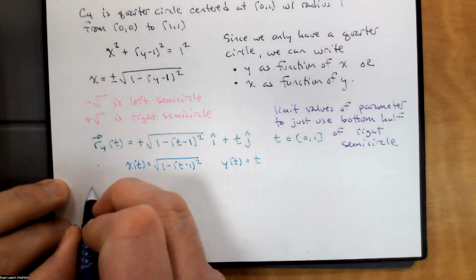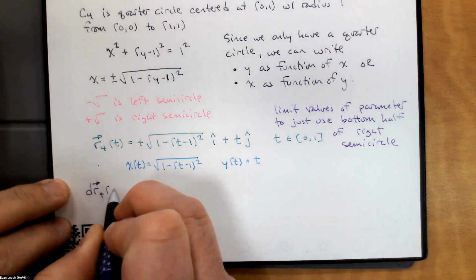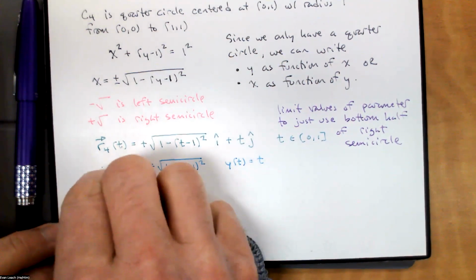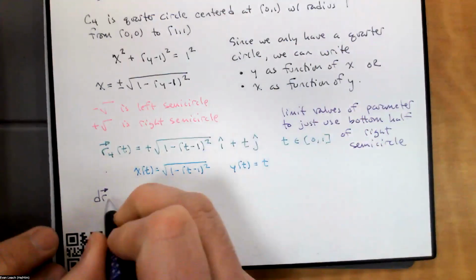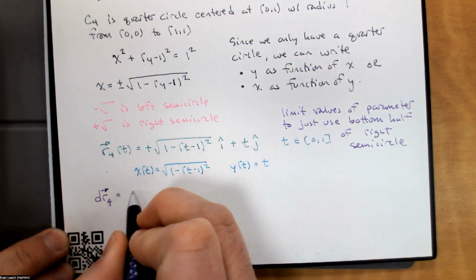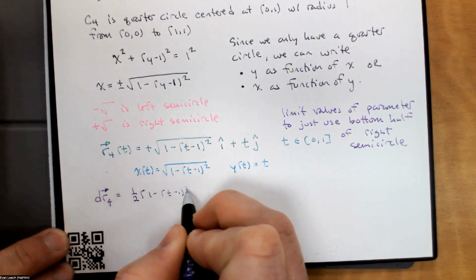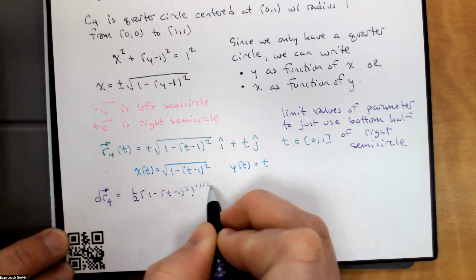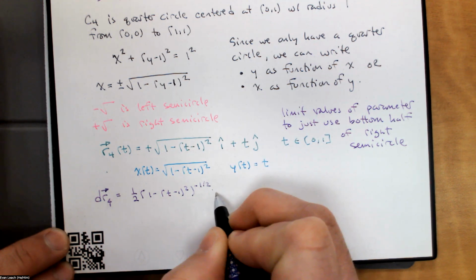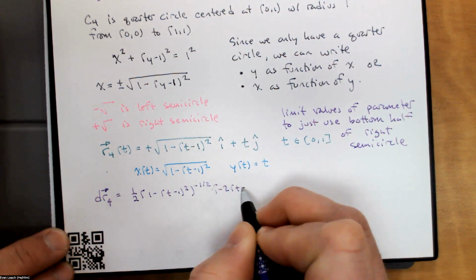Also, our dr, I'm going to have to take derivatives of each of these things. So I'm going to have a 1/2, 1 minus t minus 1 squared to the negative 1/2 times the derivative of the inside, times negative 2 times t minus 1.